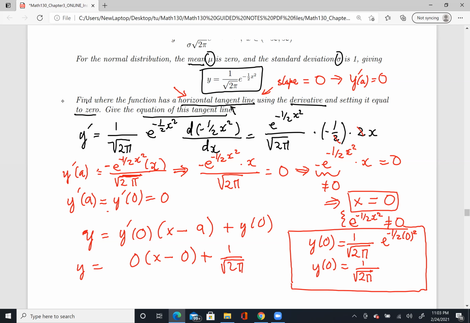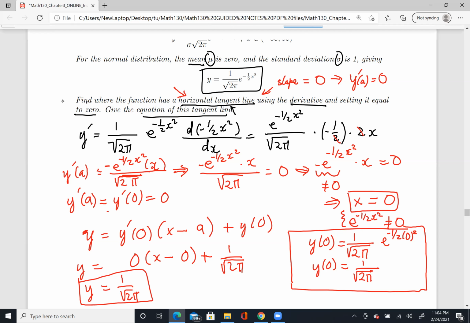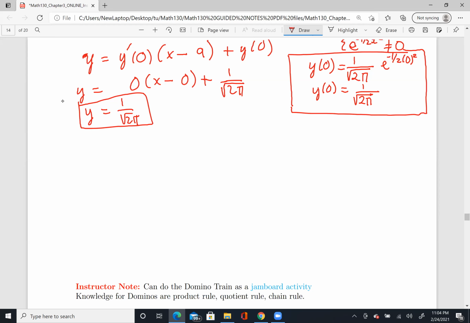So then the answer should be y equal to 1 over square root of 2 pi is the tangent line in this case. This is not an easy problem, so I just solved it for you. Okay, it's good. Let's move down and see what you have.